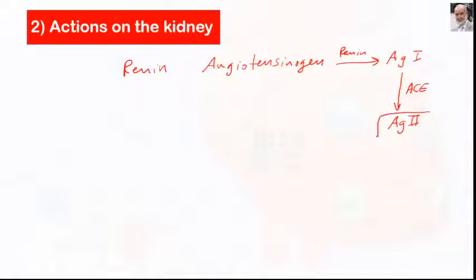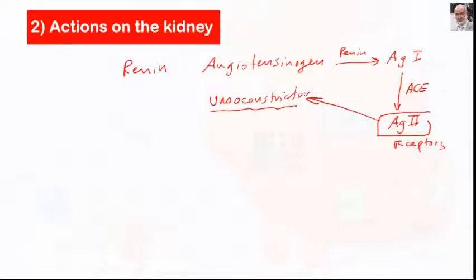Angiotensin 2 is a local hormone. It will act on blood vessels, on angiotensin 2 receptors, producing severe vasoconstriction. Also, it will act on the adrenal cortex to increase the secretion of aldosterone, a corticosteroid, a mineralocorticosteroid.